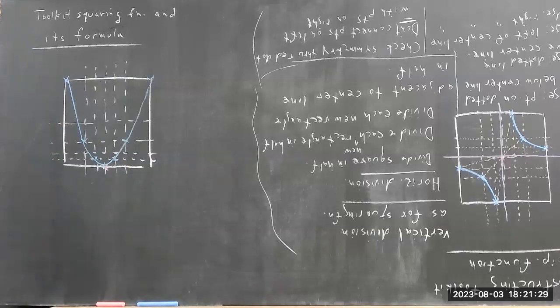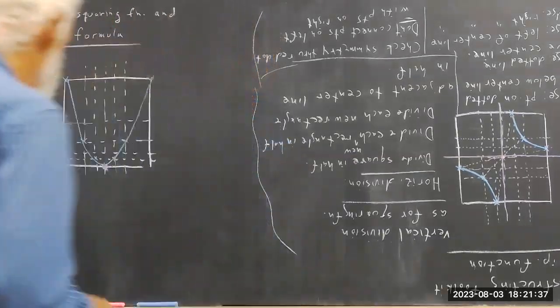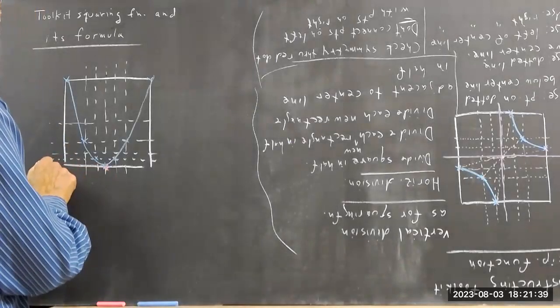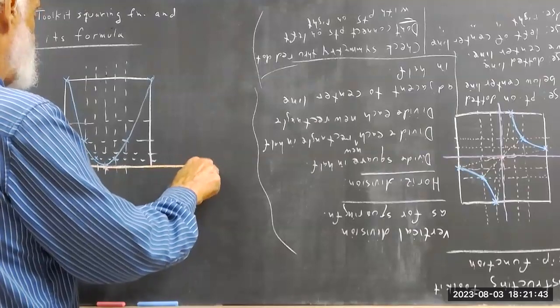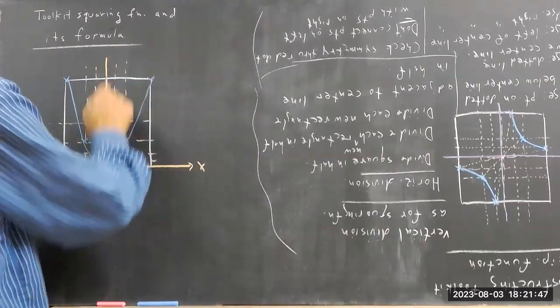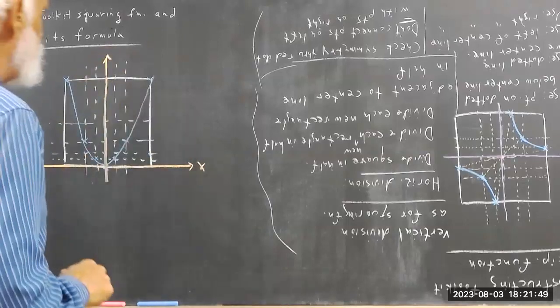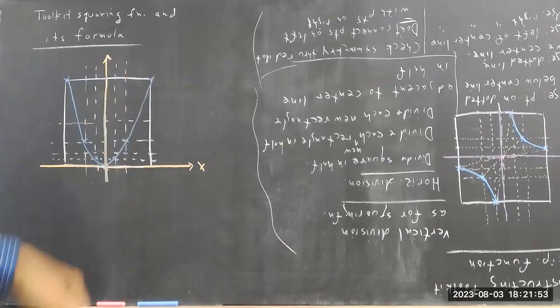Now, if I've done the graph correctly, and if I insert the x-axis through the red dot and a y-axis through the red dot, then I can figure out what the coordinates of all these points ought to be.